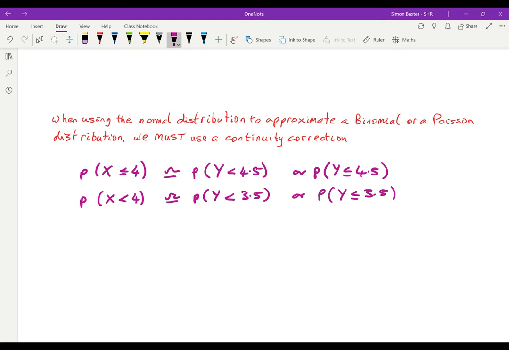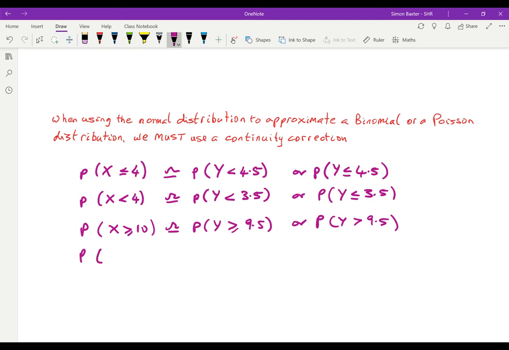The other way around, if I have the probability that X is greater than or equal to 10, that's approximately the same as, think of those red rectangles, I want to include the rectangle with 10 in. I must start at 9.5. And it doesn't matter whether I write one or the other.